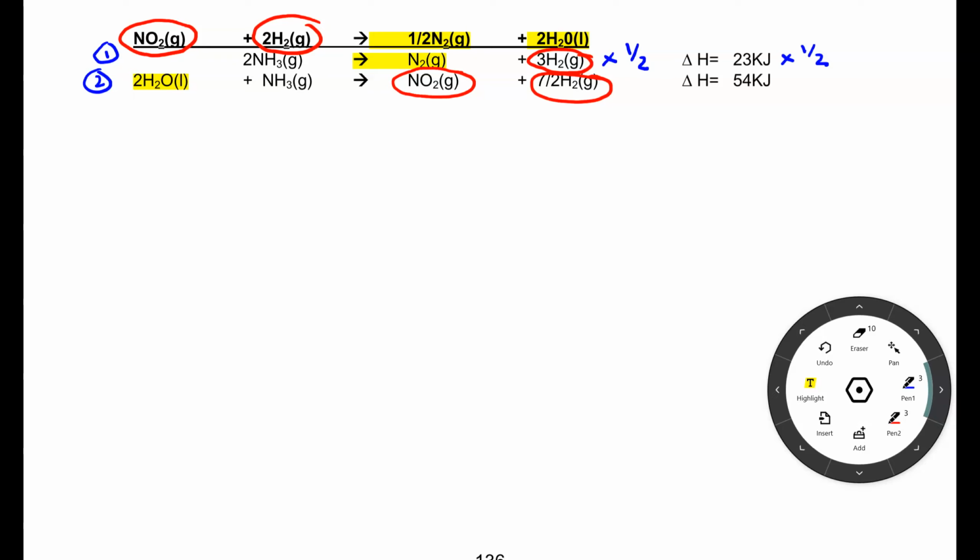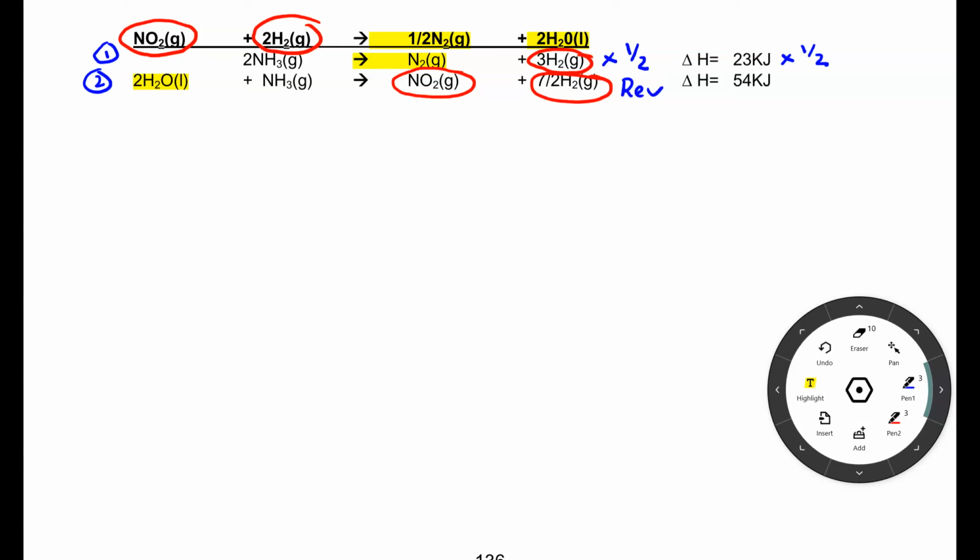But what I notice about both of them is that in equation number 2, nitrogen dioxide appears on the right side. In my target equation, it's on the left. The same is true for the 2 moles of water. In equation 2, it's on the left side, but in my target equation, it's on the right. This is my clue that I've got to reverse this equation. I've got to write it backwards.